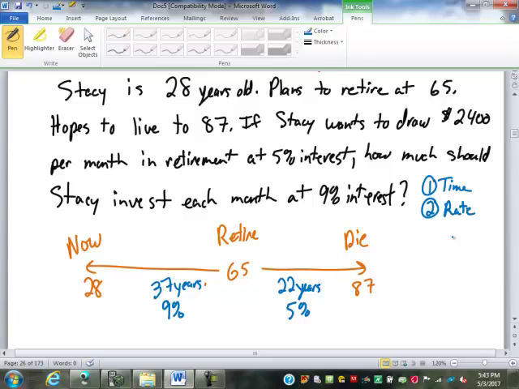It's these next 2 things that are going to determine what you do. You need to know a payment. Don't know that on either side, do we? Actually, we do. We know the payment on the retirement side, $2,400.